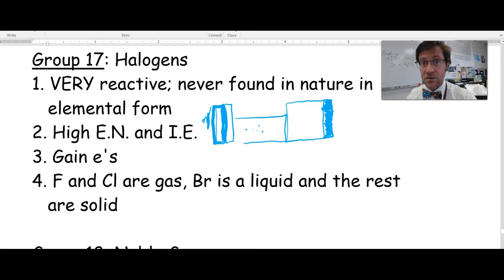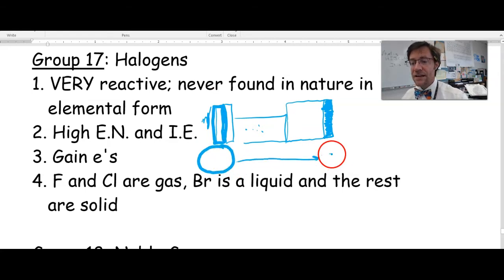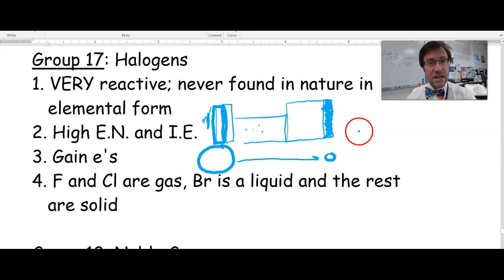They have very low electronegativity. The atomic radius is relatively big. Now, as we move over this way, the atomic radius is getting very small, relatively speaking. Because these guys are so much smaller, they have so much more proton pull, and they are very reactive for the exact opposite reason.